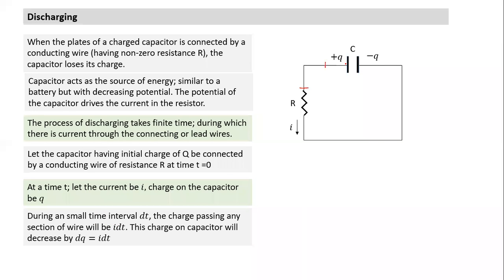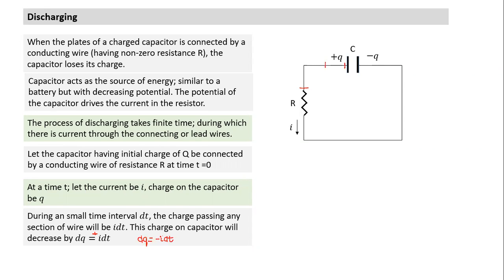If that much charge is flowing out, the charge on the capacitor will decrease by I dt. So the change in charge is not I dt, it should be minus I dt, since it is a decrease. Is it clear why I am writing minus I dt here?